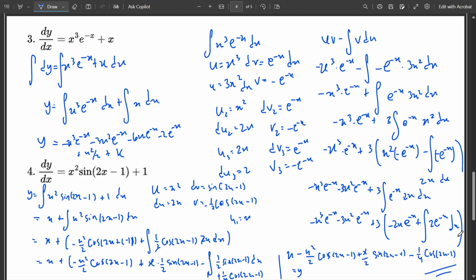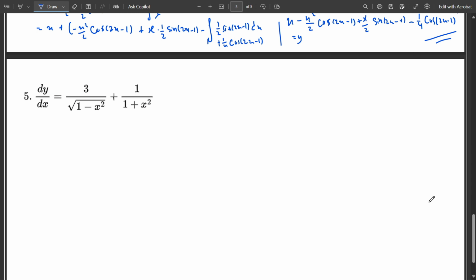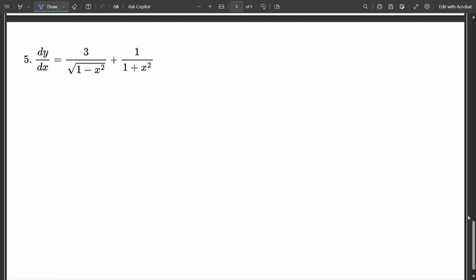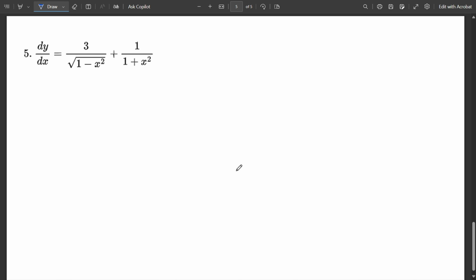Okay, next we have dy by dx equals 3 over square root of 1 minus x squared plus 1 over 1 plus x squared. So like before, we have the integral of 3 over square root of 1 minus x squared dx plus the integral of 1 over 1 plus x squared dx.